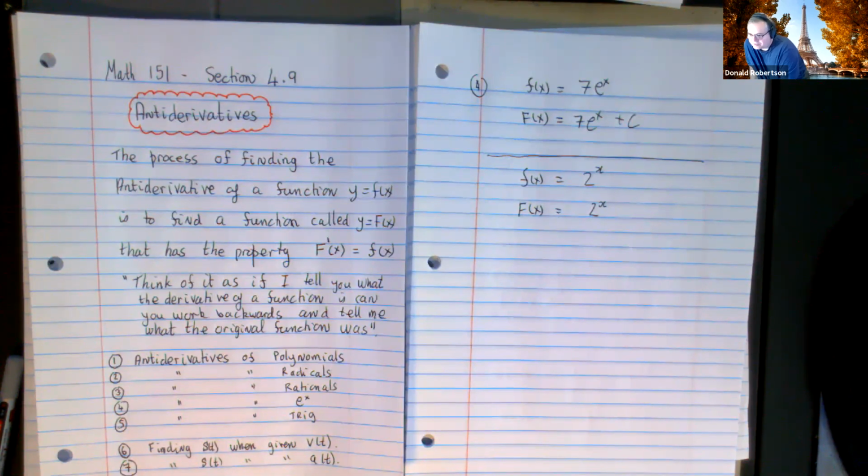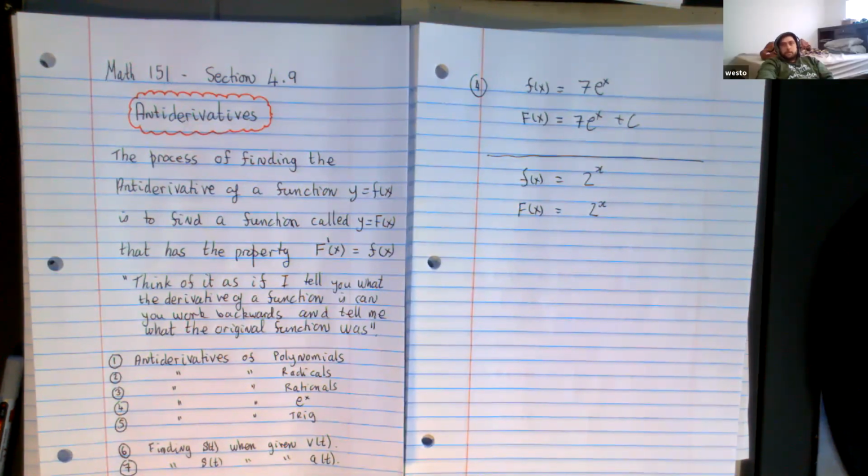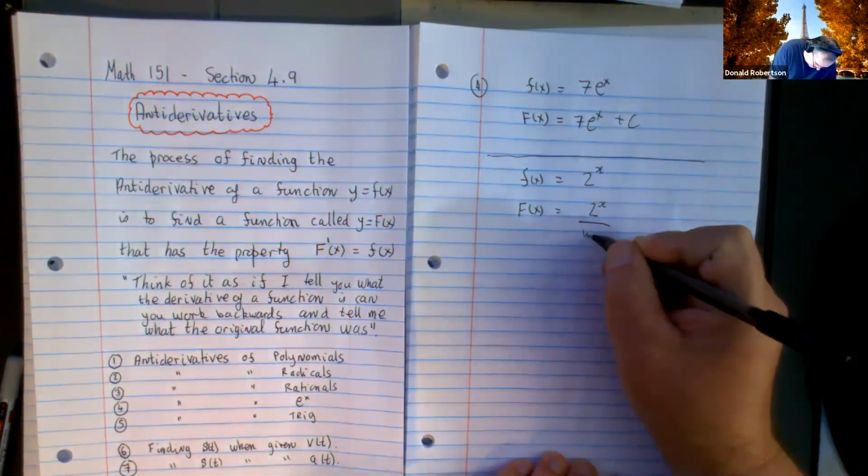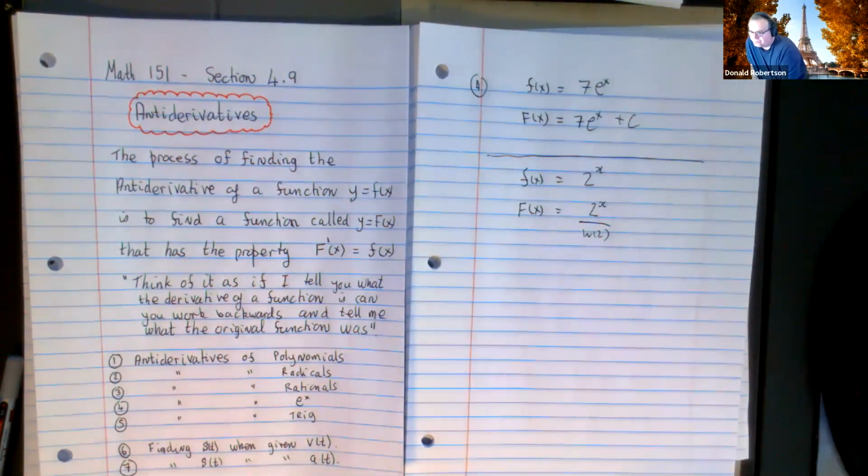What do you think the antiderivative of 2 to the x is? Well, it's 2 to the x, and it does have a natural log of 2 in it. But if you're thinking of it as the opposite process, where do you think you stick the natural log of 2? Would it be dividing by the log of 2? And that is exactly what you did.